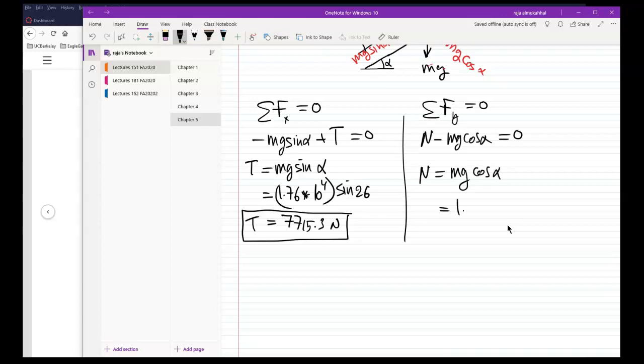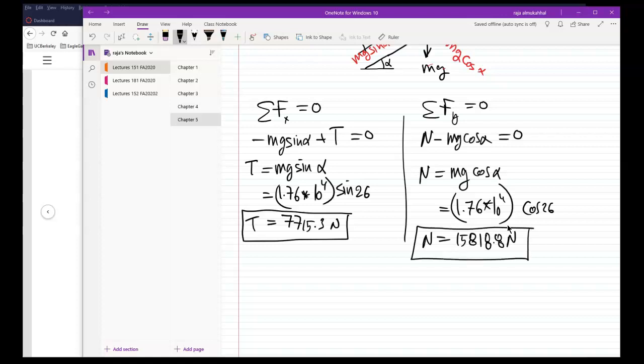So that will be 1.76 times 10 to the 4th times cosine 26. And when I calculate that, answer 15818.8 newtons normal. Got it? This is basically the reaction to the weight, if you will, right?